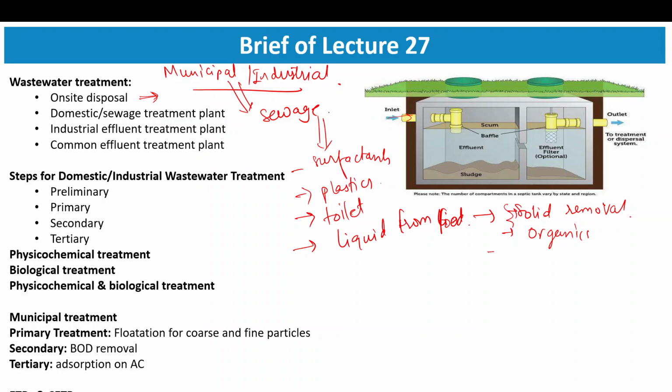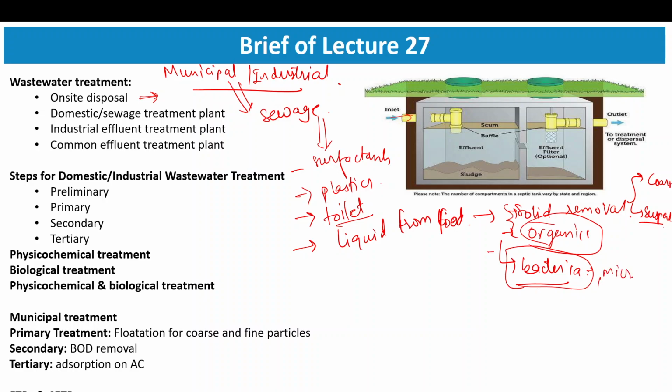So you need to take care of solids, whether coarse or suspended, both, and organics. Obviously, there can be bacteria because toilet wastewater is also involved. Bacteria and other microorganisms will be present, so disinfection will be required.